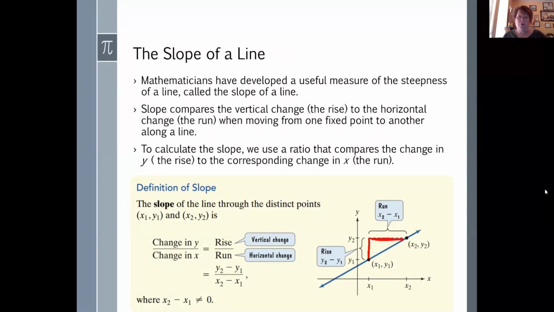So if I know 2 points on the graph of a line, I can find the slope of that line by a simple substitution.